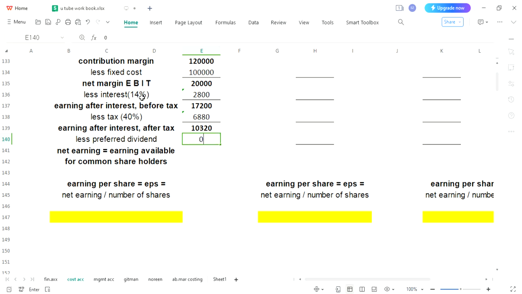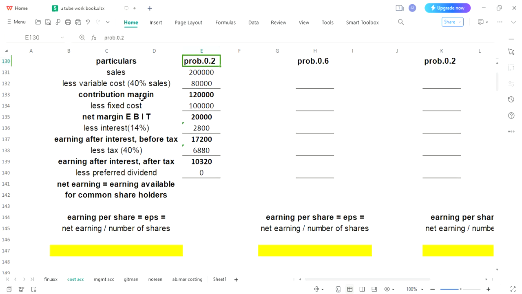No preferred dividend is present over here. It means your net earning available to common shareholders can also be calculated. Here, interest was supposed to be calculated. Okay, so we'll have to see how much debt was present, and we have calculated debt over here.